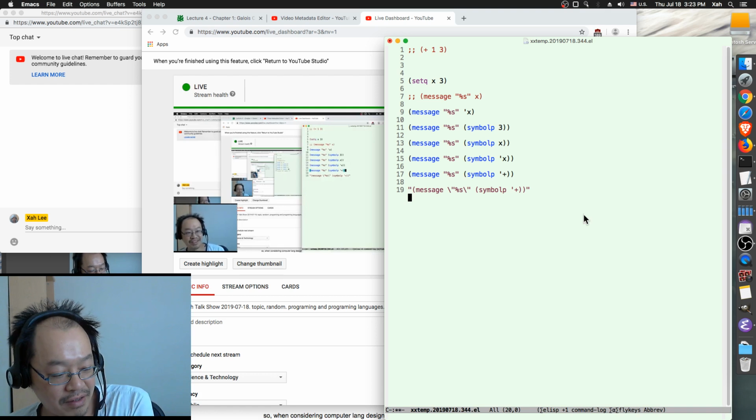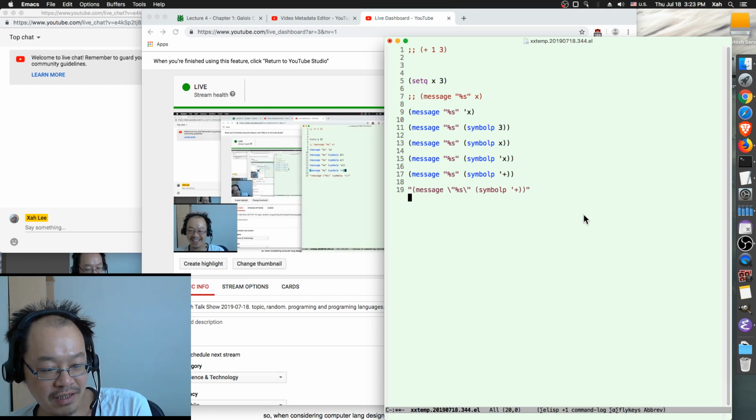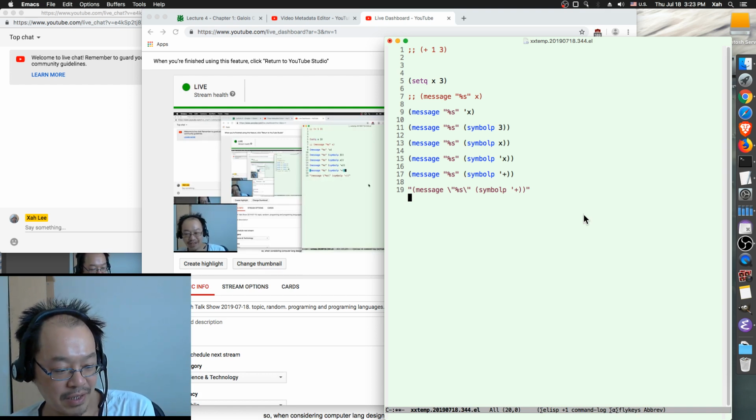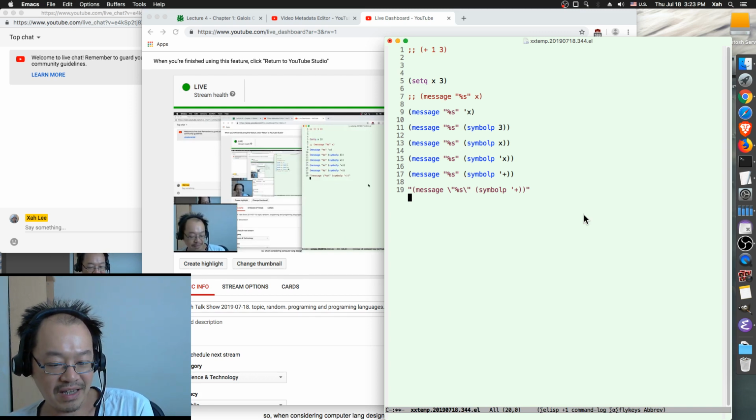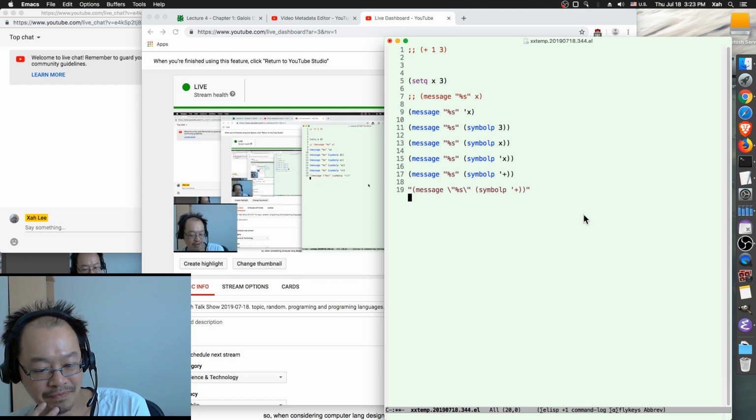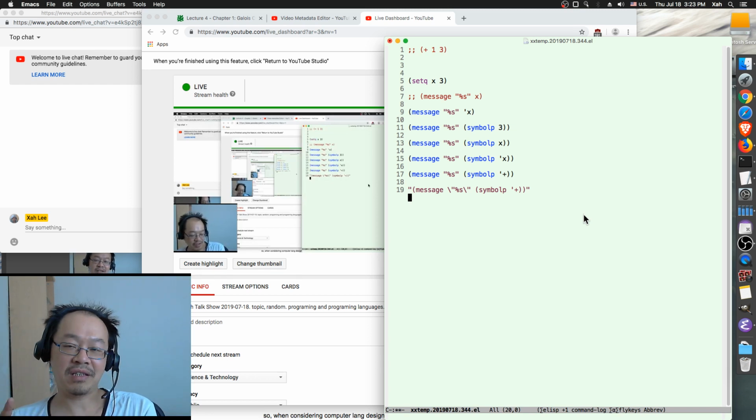For languages that are not symbolic, and I don't think Julia is a symbolic language, when they try to do macros, they are creating some idiosyncratic way. It's not systematic.